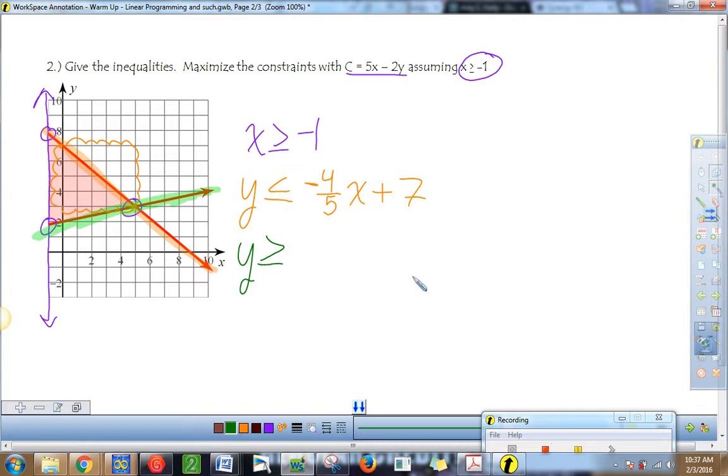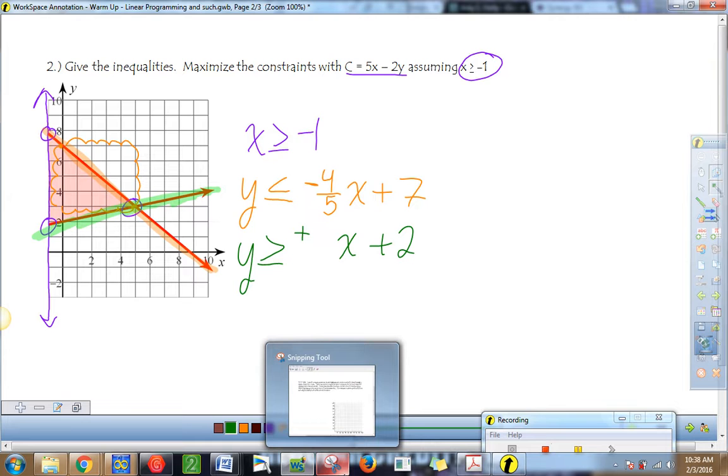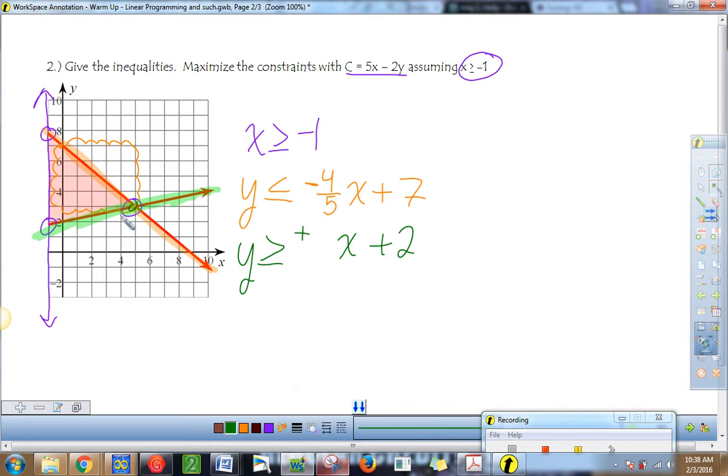You can tell me the y-intercept first. You don't have to tell me the slope first. You know, I always write the y-intercept first because you can just grab it, right? It's plus 2. We know this guy's going to have an x. You got one thing to fill in. Is the slope going to be positive or negative? It's going to be positive. Put a little plus sign if you want to. That way you know you've taken care of the slope, right? And again, you got a nice coordinate here and a nice coordinate here.